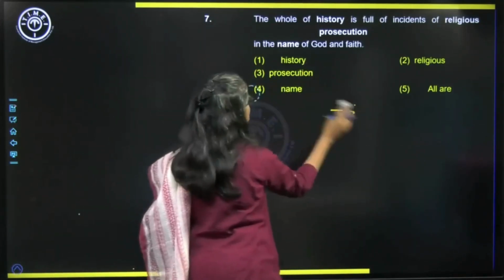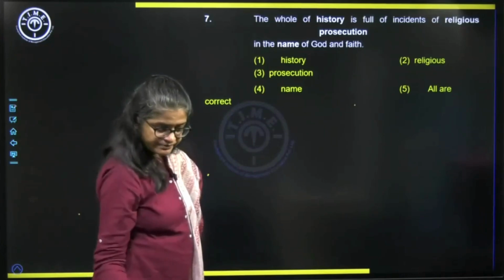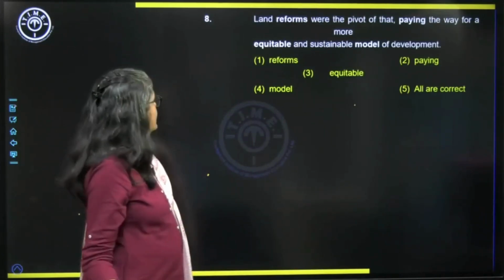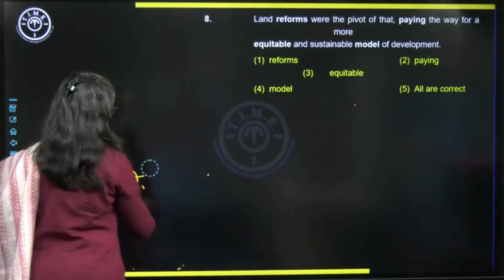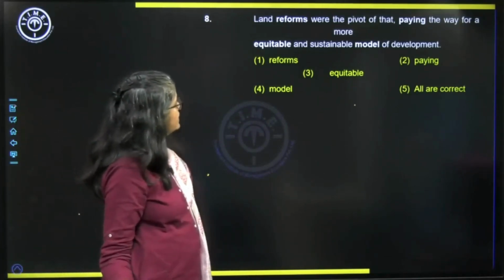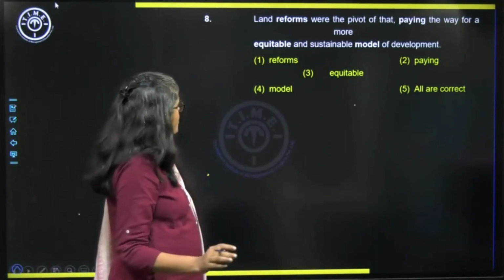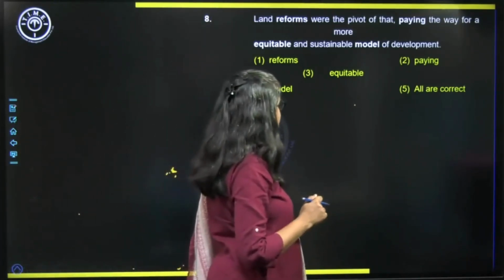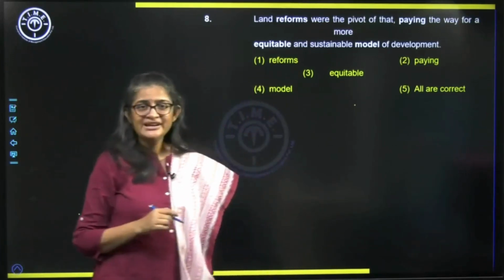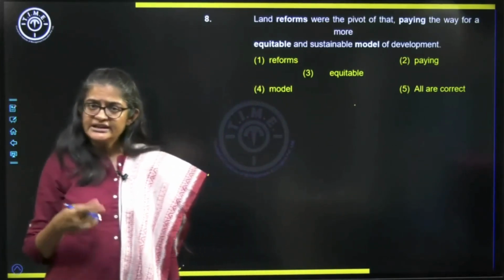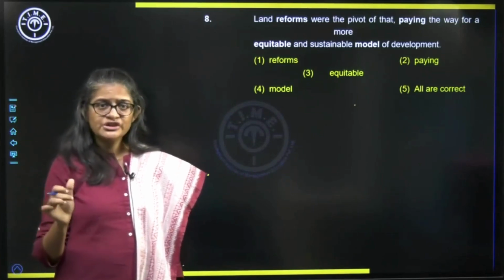So, let us move on to the next question. Land reforms were the pivot of that, paving the way for a more equitable and sustainable model of development. Did you spot the mistake? It's a very common usage.